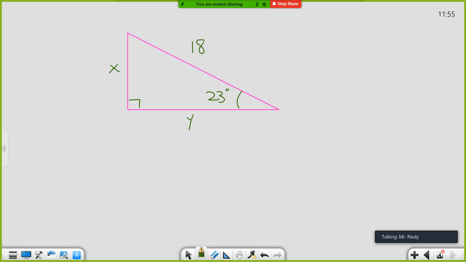Solve for x, solve for y. Get them both. It is currently 11:55, so at 12 o'clock we'll come back together and we'll have some people help us solve those problems. Any questions before I cut you loose? No? Great, go. I'll be back in 5 minutes.